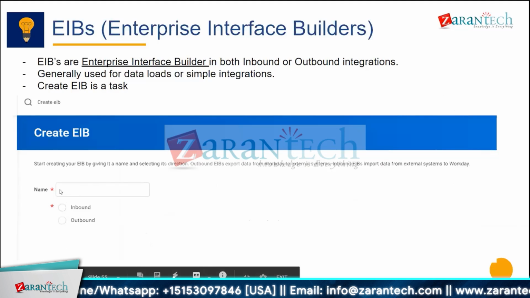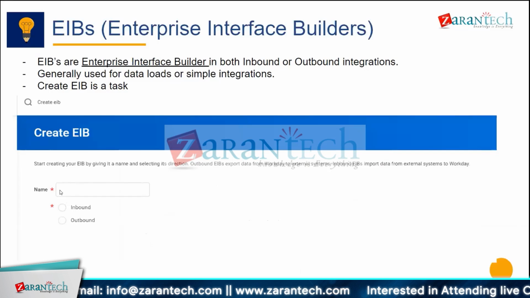In Create EIB, we put the name. There is always a unique name, which should be as per the organization's requirement. The naming convention of your organization should be followed. It helps to understand what you are doing, and it also tells others to use that and not to create EIBs again and again in your system.